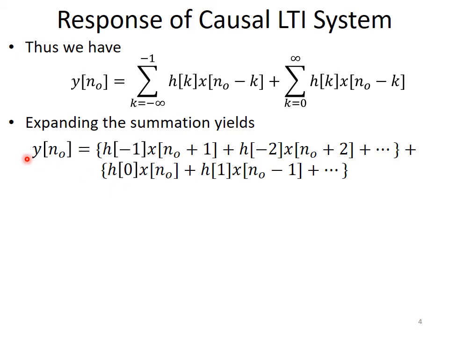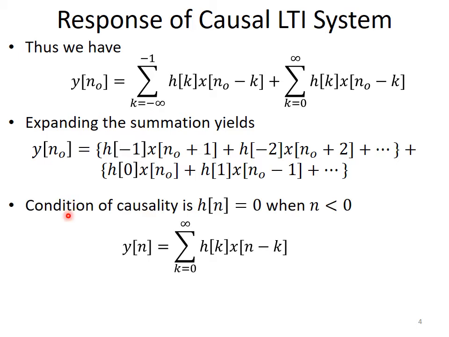So we can say that the condition for causality for this equation is when h of n is 0 when n is less than 0, or h of k is 0 when k is less than 0.